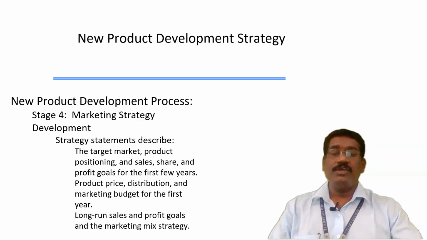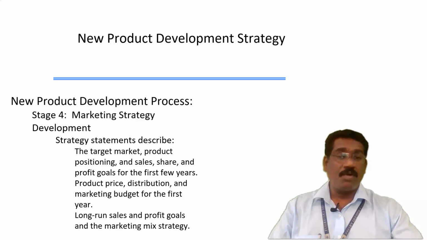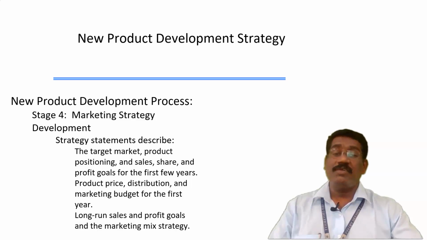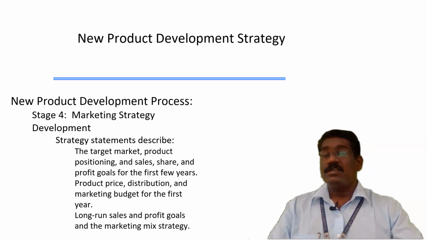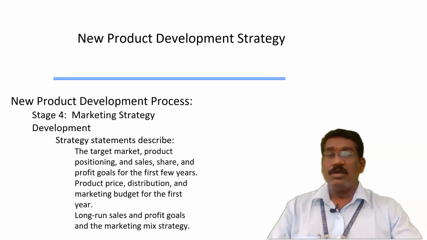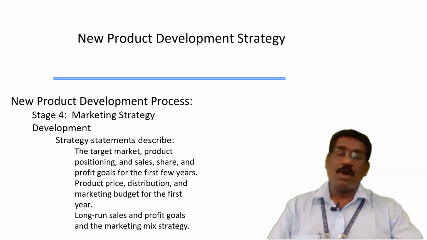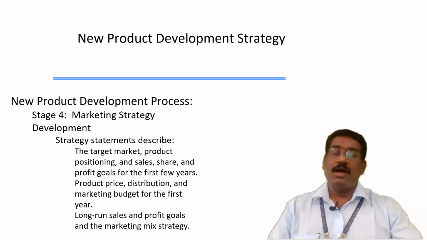We also look at the long-run sales and profit goals, and research and development, and the organization as a whole, are very much concerned about the sustainability of the newly developed product. Finally, if it is a product, we talk about the 4 P's.